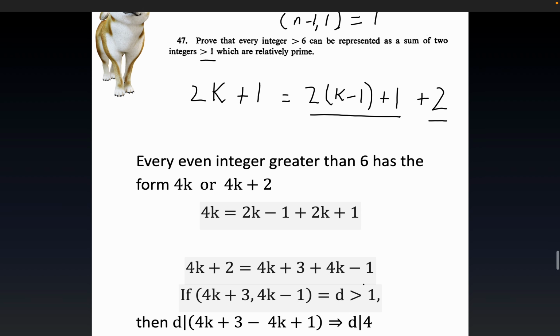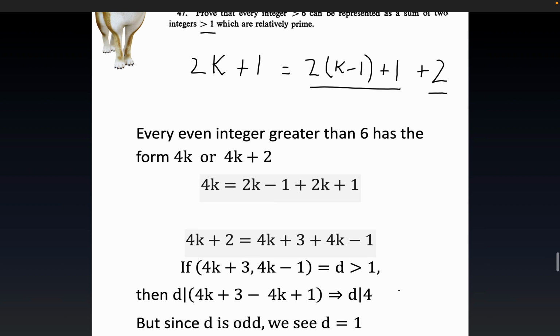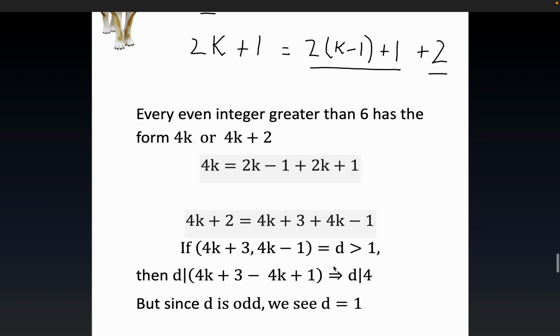Now, so we assume that the gcd is equal to d and it's greater than 1, okay, some d greater than 1, meaning we assume that it's not relatively prime. Now, notice that if 5 divides 25, right?